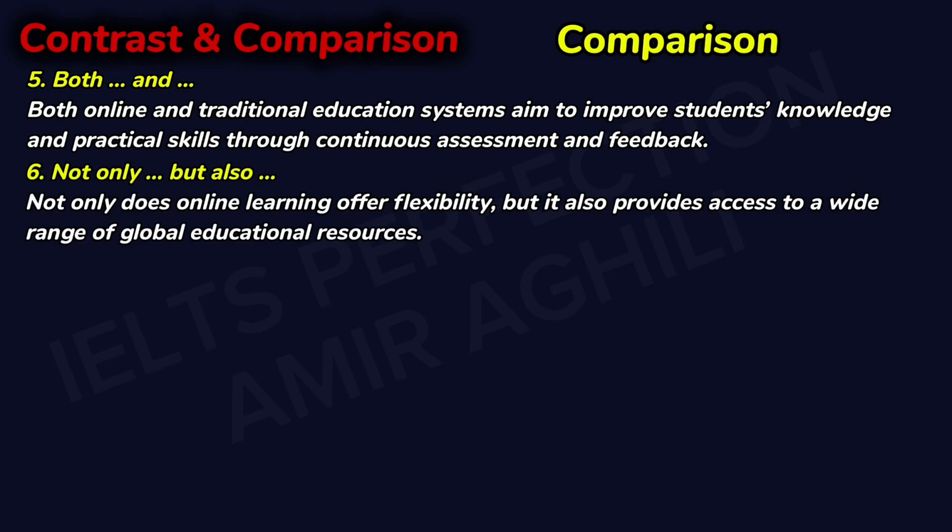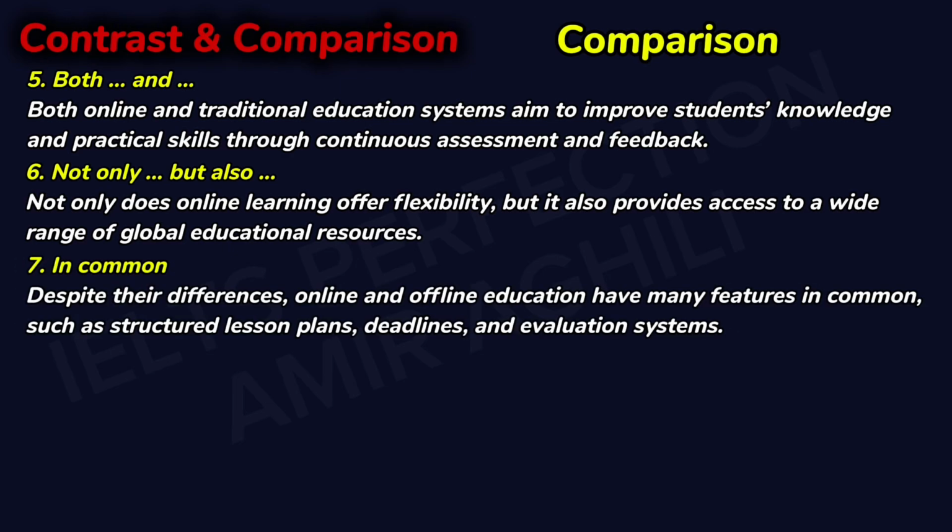Not only does online learning offer flexibility, but it also provides access to a wide range of global educational resources. Despite their differences, online and offline education have many features in common, such as structured lesson plans, deadlines, and evaluation systems.